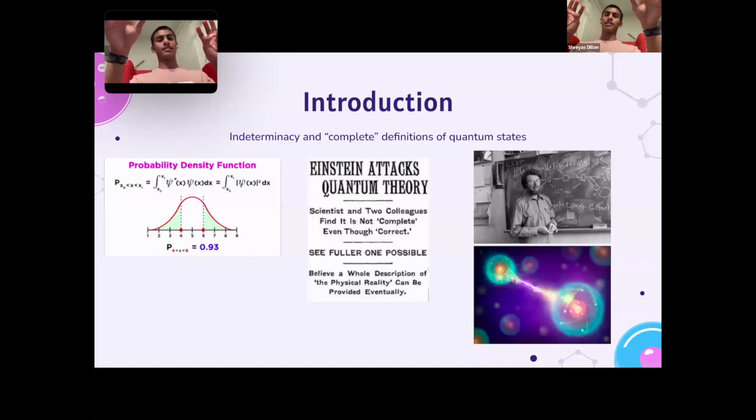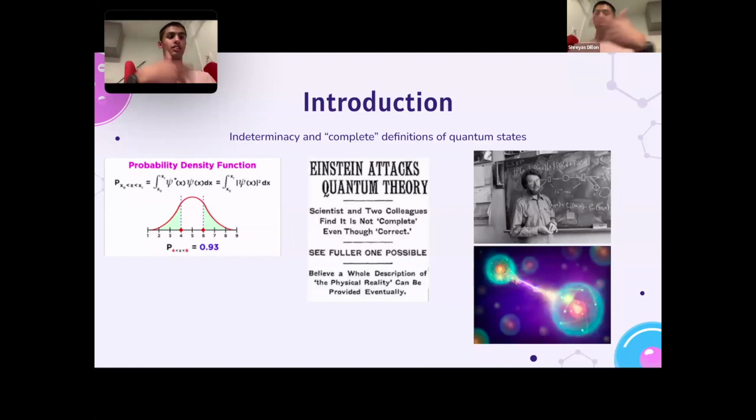A hidden variable is exactly what it sounds like. It was some variable that every single particle had that determined its state before measurement. So if it was true, then when you measured something, this hidden variable comes into play and gives you the actual value. So the particle before measurement has a value all the time encoded in this hidden variable, and it's only when measured that it comes out.